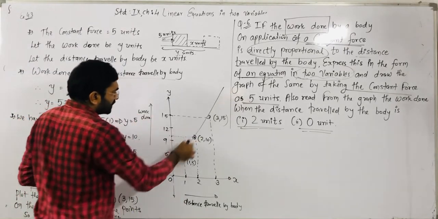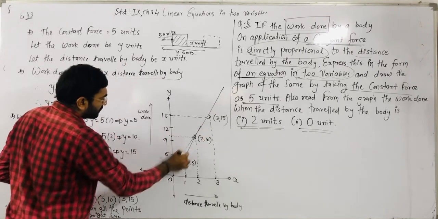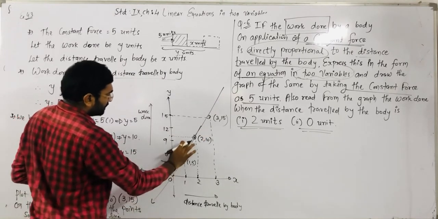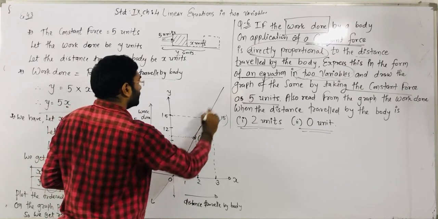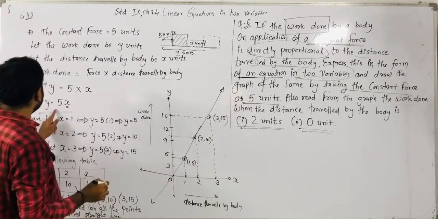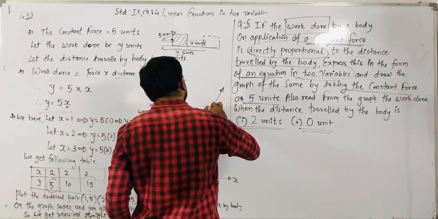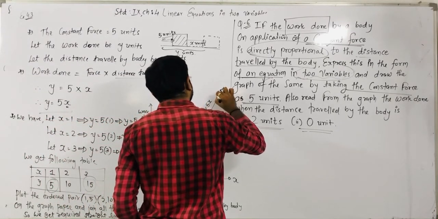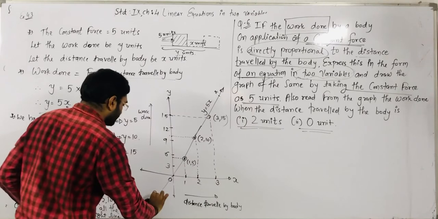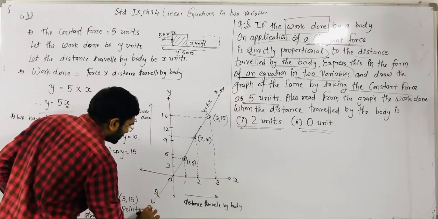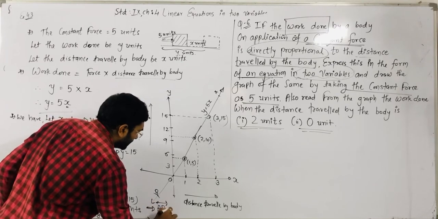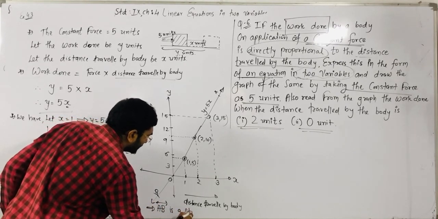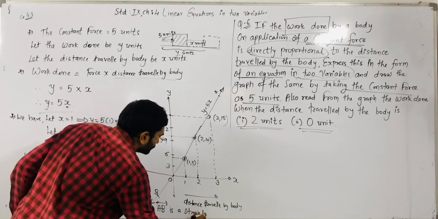So we get the required graph of the equation. This is our graph of which equation? y is equal to 5x. And suppose you give the line the name AB. So we can say AB is a straight line. Okay.